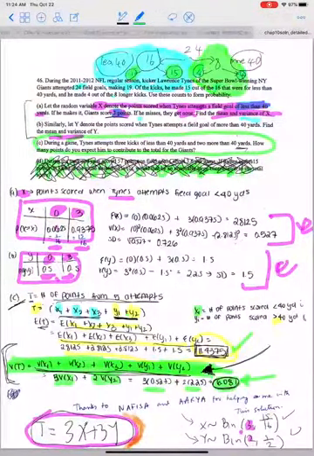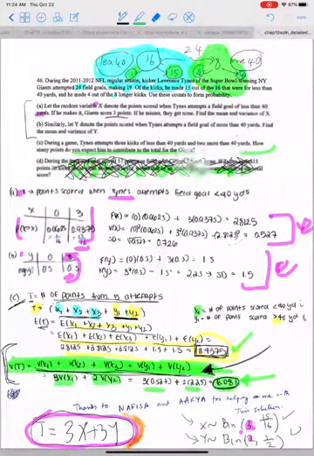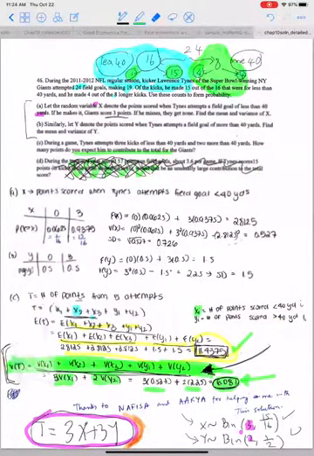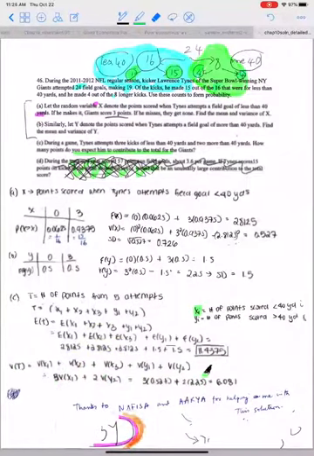So the next question is the following. This question is very similar to the previous question. What do we have here?